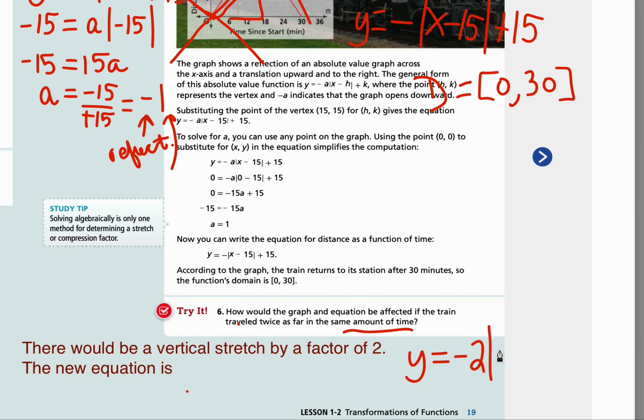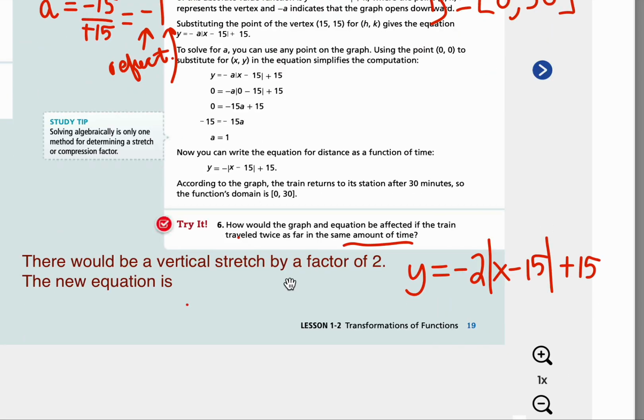You still have a reflection because the V shape doesn't change. Okay, that was try number 6, example 6.